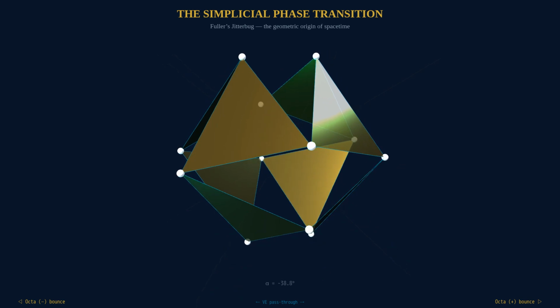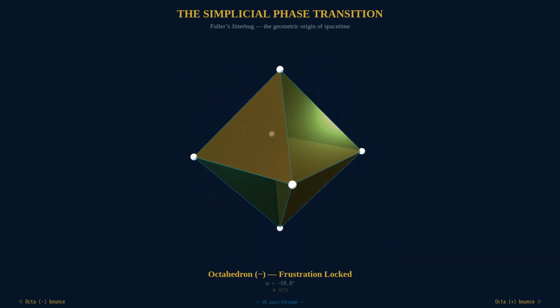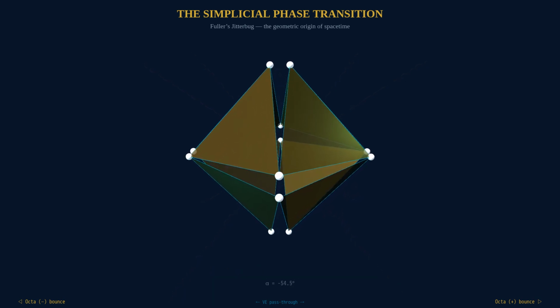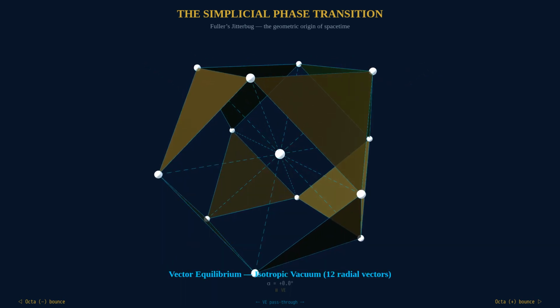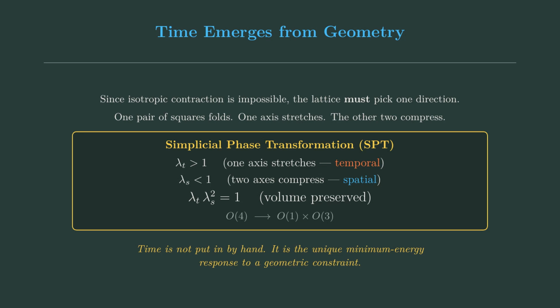What happens when a frustrated system finds its ground state? It breaks symmetry. The unique minimum energy resolution is this: one pair of opposite squares folds. One axis stretches, call it temporal. The other 2 axes compress, call them spatial. The stretch ratios satisfy lambda t times lambda s squared equals 1, preserving volume.